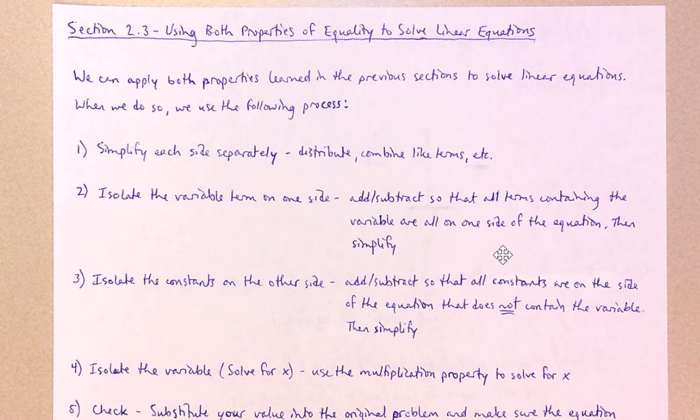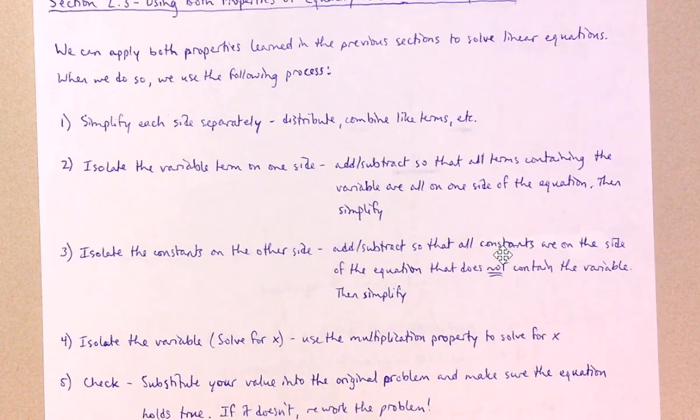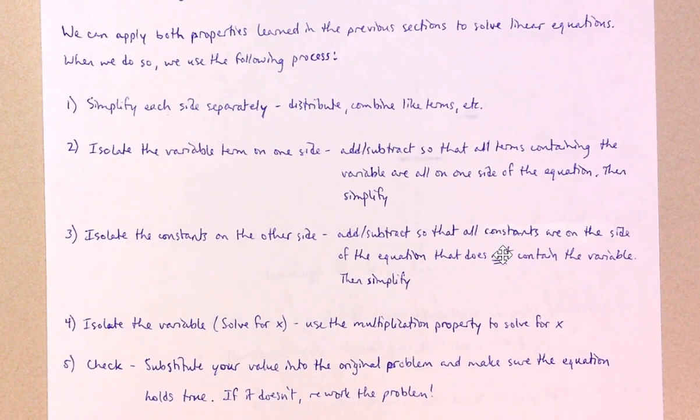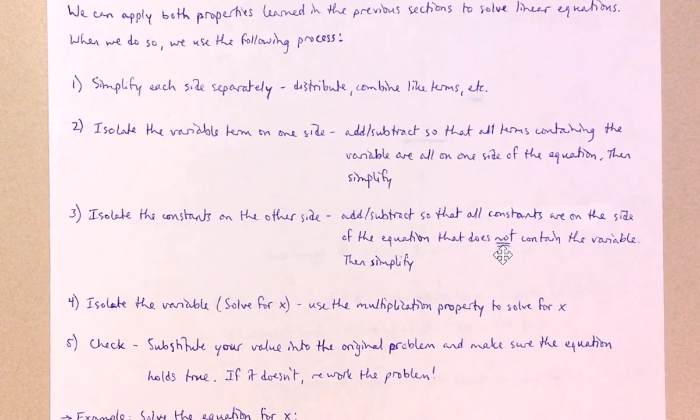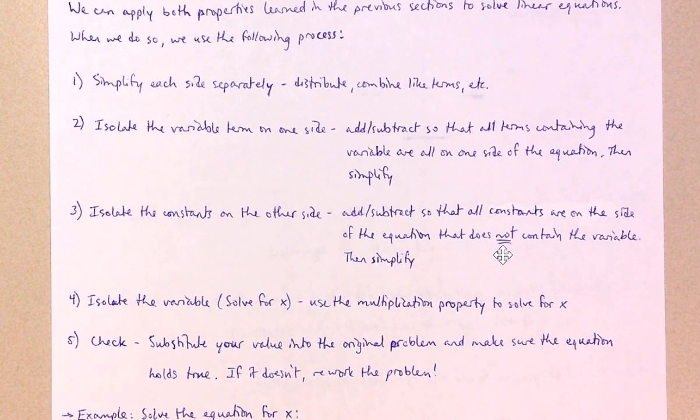You're just going to, at this point, pretty much use the multiplication property to solve for x. Multiply both sides by something or divide both sides by something, but just have x left over on one side of your equation. And then lastly, this is always a good habit to get into, check your answer.